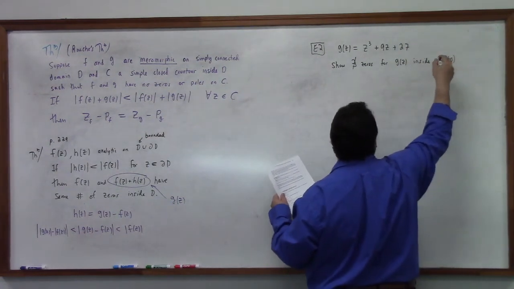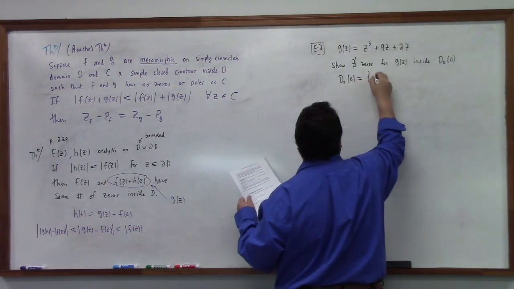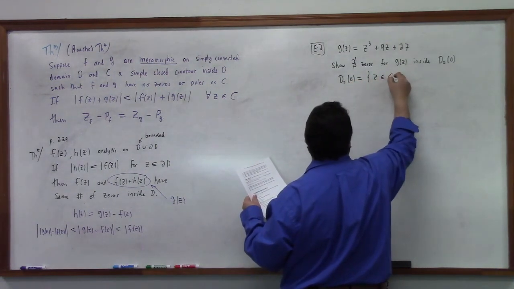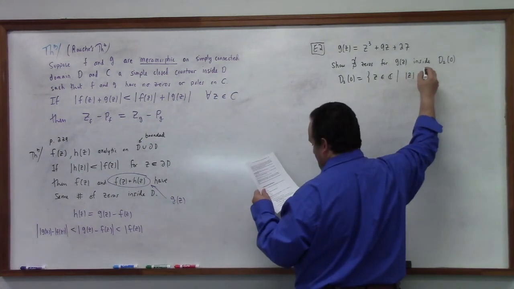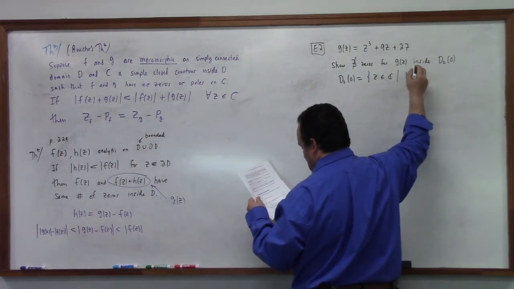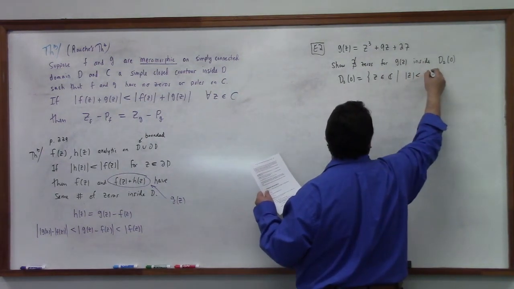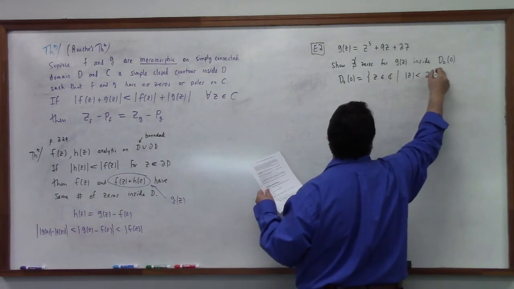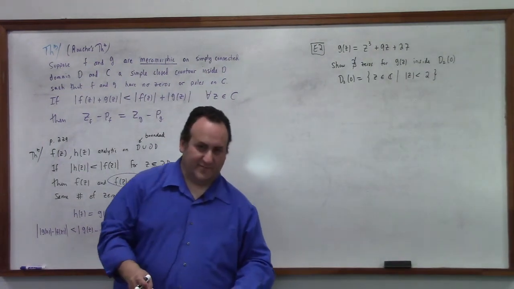So this book, I believe D2 of 0 would be z in the complexes such that modulus of z is... See, I'm not sure if it's an open disk or a closed disk, guys. Unfortunately, I should have grabbed that book with me. My bad. I thought, oh, I'll scan it and make a printout.